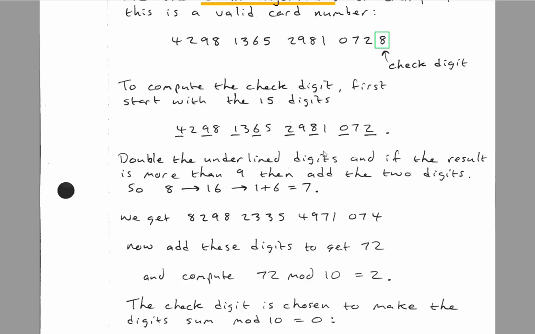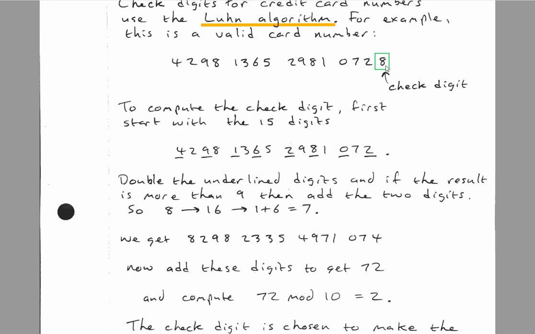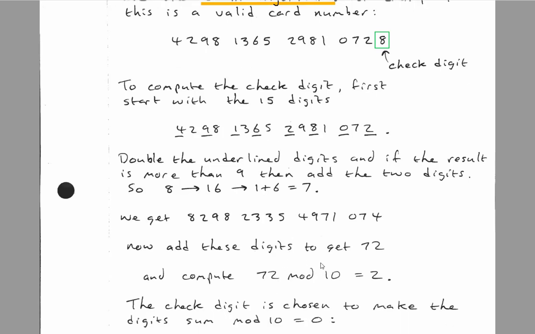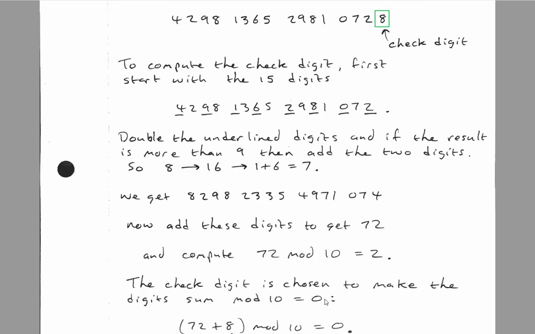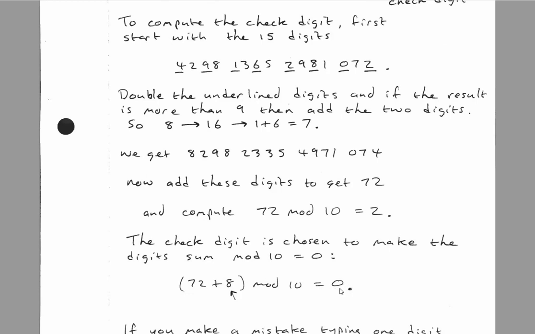So if you make a mistake typing in one of these numbers, then when you go through this procedure, you're no longer going to get 0 when you work out this sum mod 10.